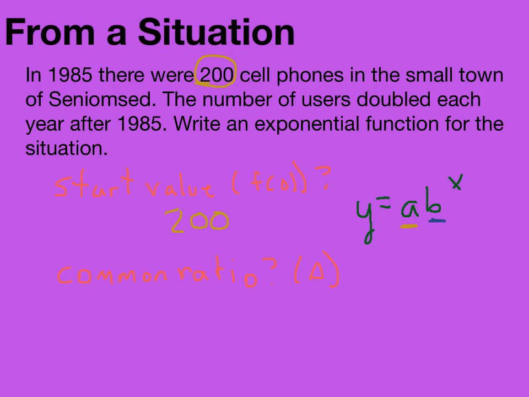They're not going to tell us in the word problem that it multiplied by 2 or it divided by 4. We need to look for words like doubled. So doubled tells us the common ratio is 2. And finally, we can go ahead and write our function as y equals our start value of 200 times 2 raised to the x power.